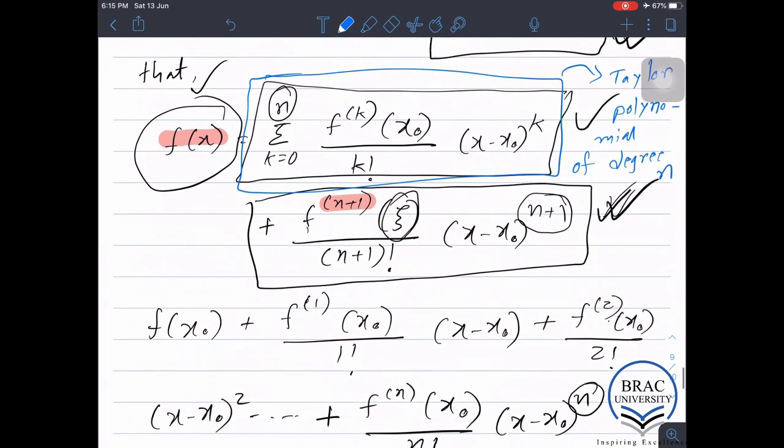And this second term is called the Lagrange form of the remainder.